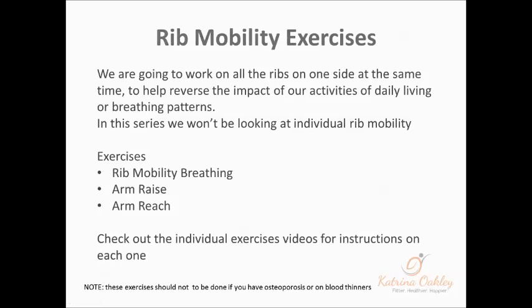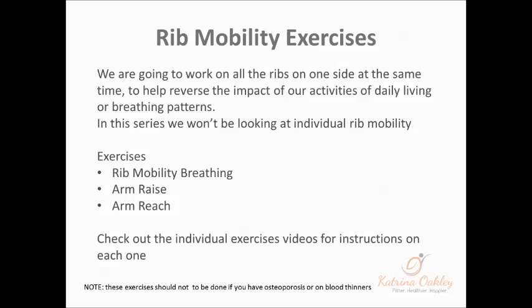So let's get on to some rib mobility exercises. We're going to work on all of the ribs on one side at the same time to help reverse the impacts of our activities of daily living or our breathing patterns that we have. And in this series, though, we won't be looking at individual rib mobility.